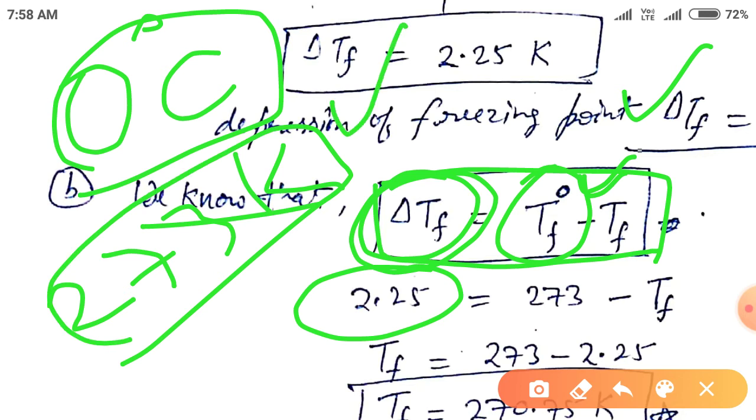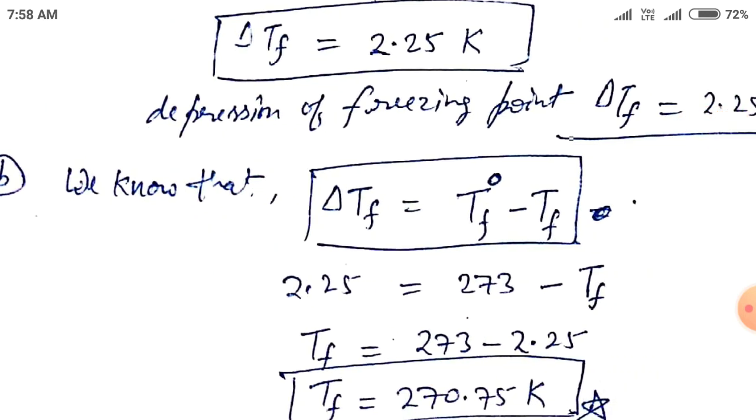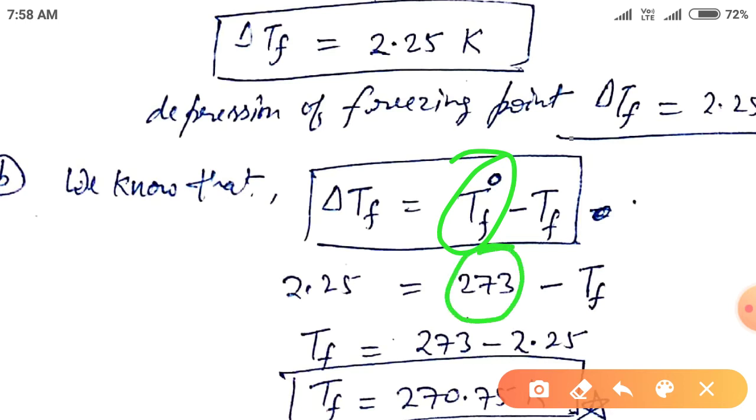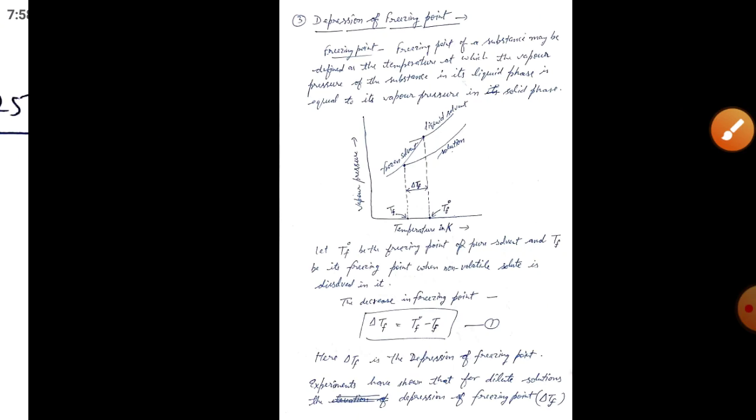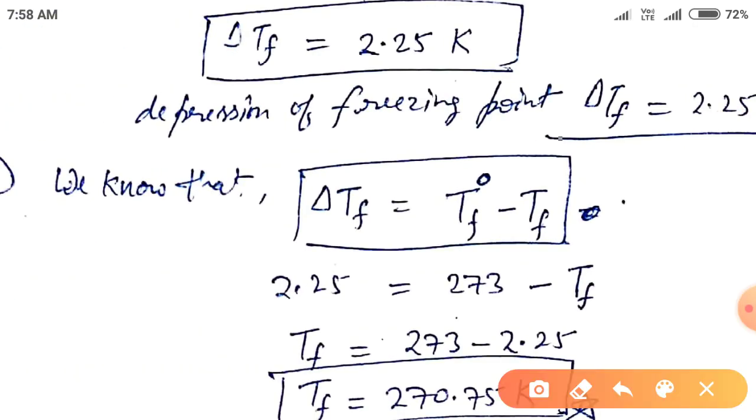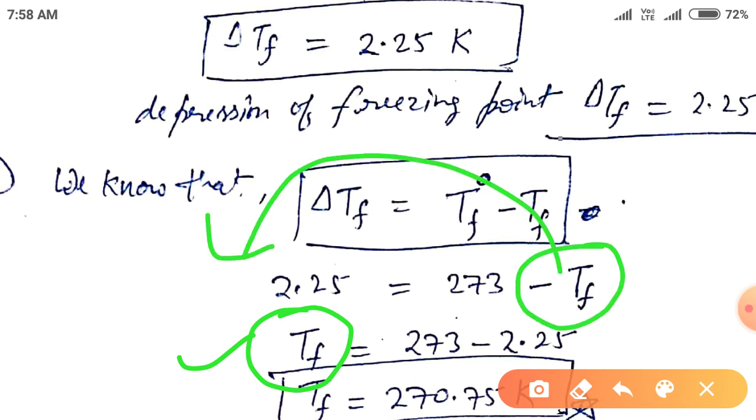Hence we put the value of T naught F as 273 Kelvin for water. Now by shifting, we get TF. We can shift this value from here to here and it goes into the positive, and we shift this value from left hand side to right hand side, and this becomes a negative value.